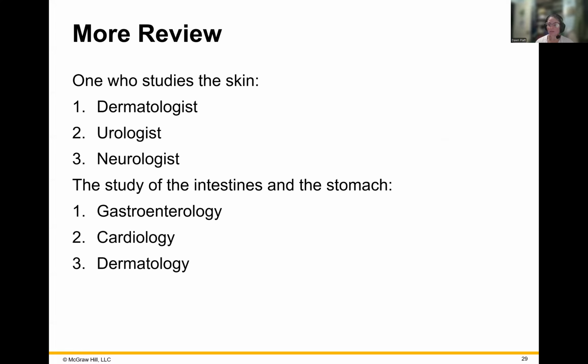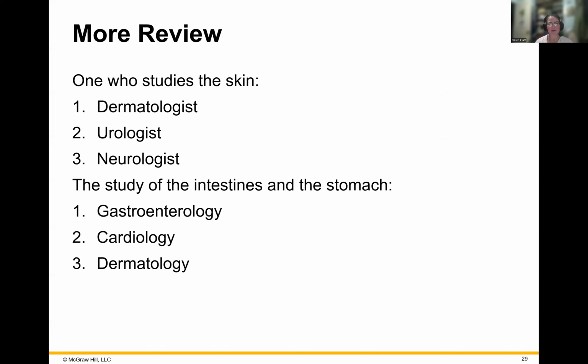Here's some other questions for you guys. Again, it's just for review. So question number 1, which one of these terms defines one who studies the skin? If you take a look in your book, you should be able to figure that out. Then the second question is, which definition is the study of the intestines and the stomach?